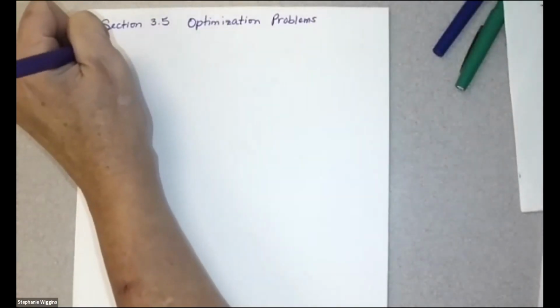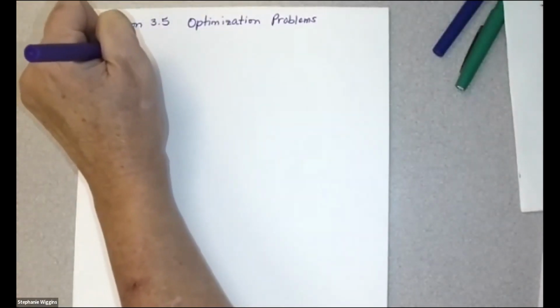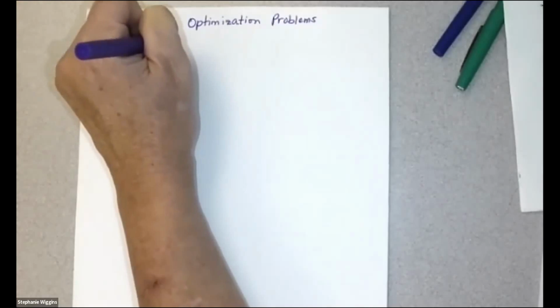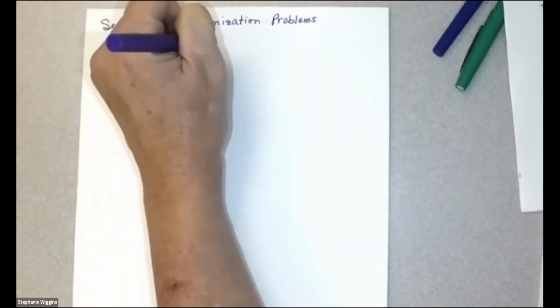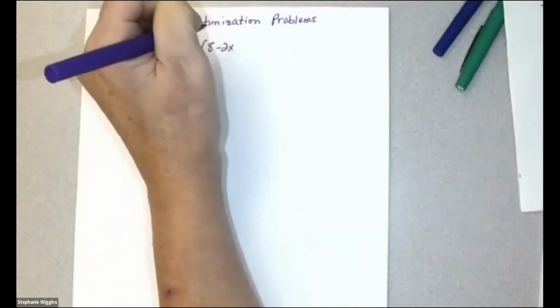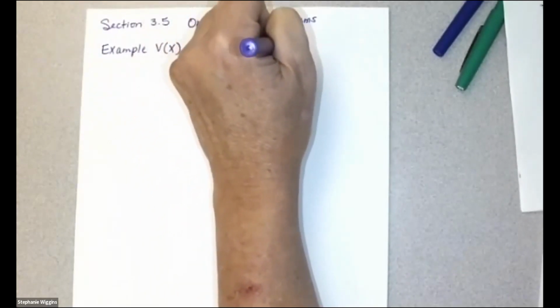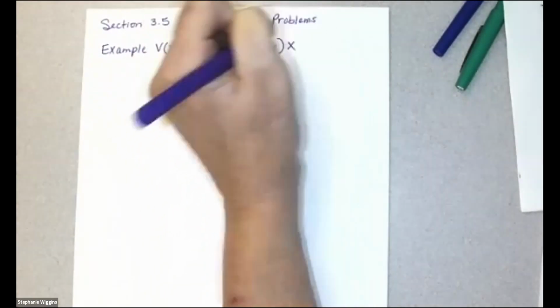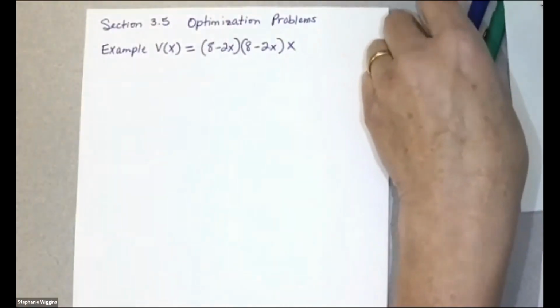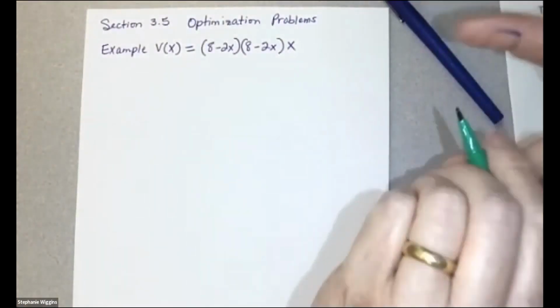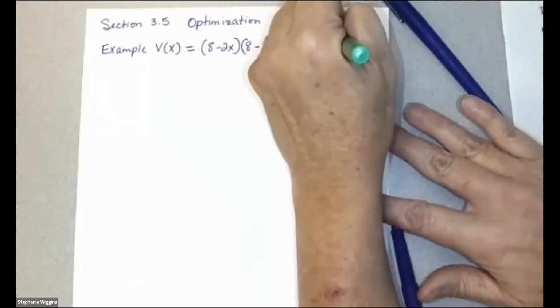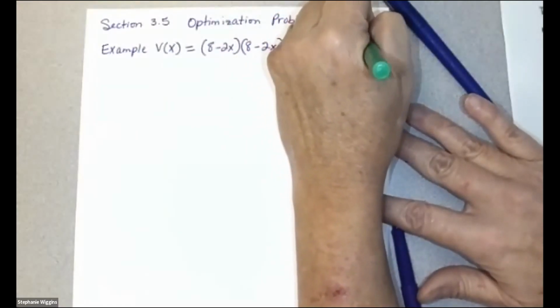But here is the function that we're going to maximize. It's 8 minus 2x, the length, times the width, times the height. Just put a little note here, V equals length times width times height.